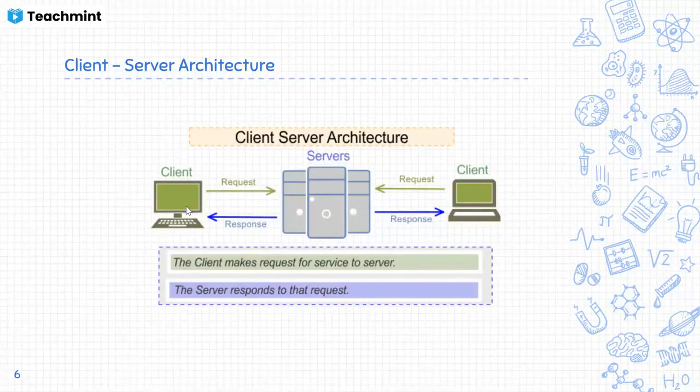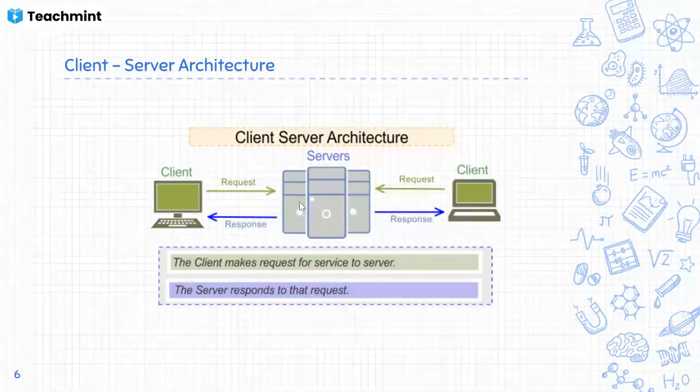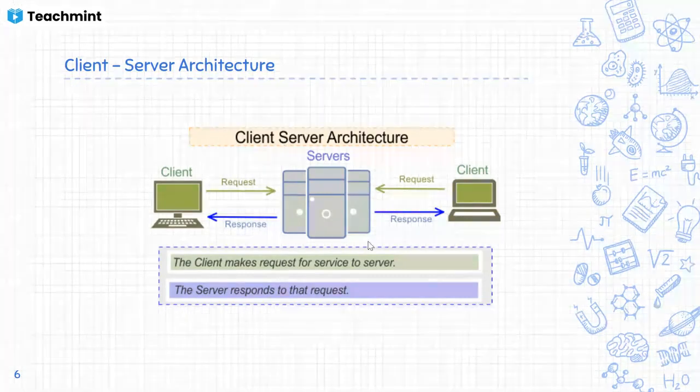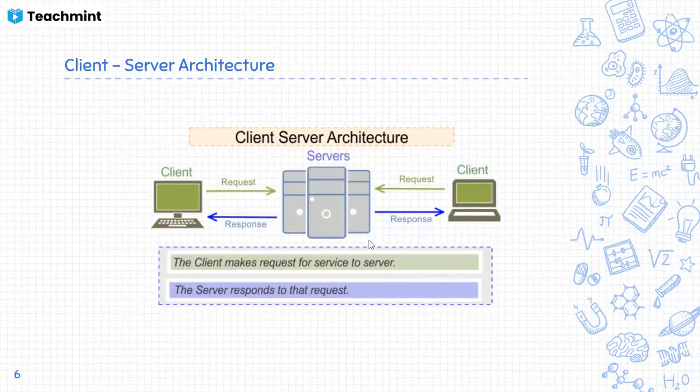But in the last 3-4 years, the client server architecture has been modified in terms of technology to simplify it. So now there is no concept of a single server.